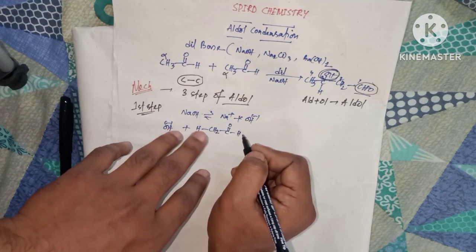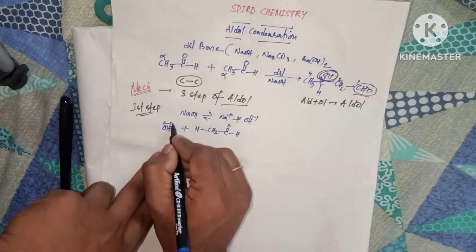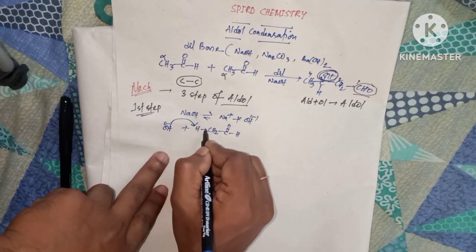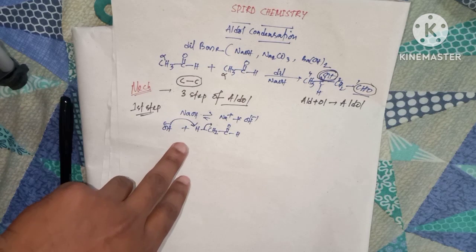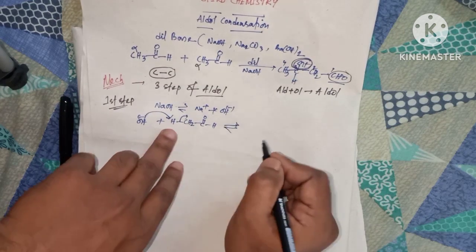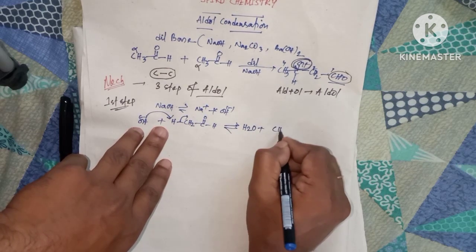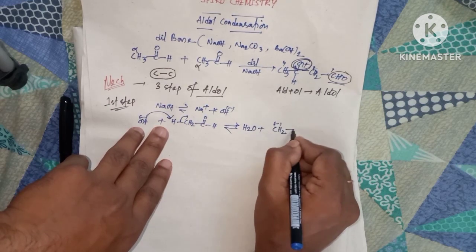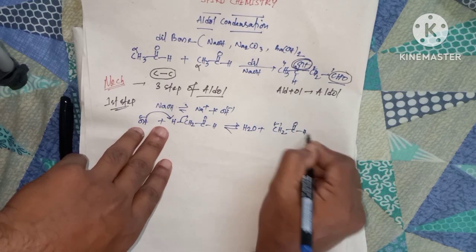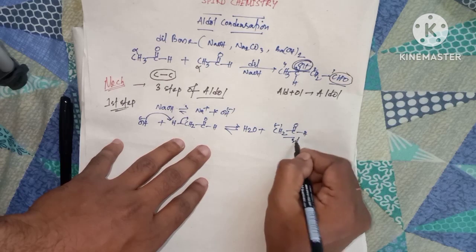This hydroxyl ion attacks this hydrogen and forms H2O, and it forms a carbanion, CH2 minus CHO. This is also stable.